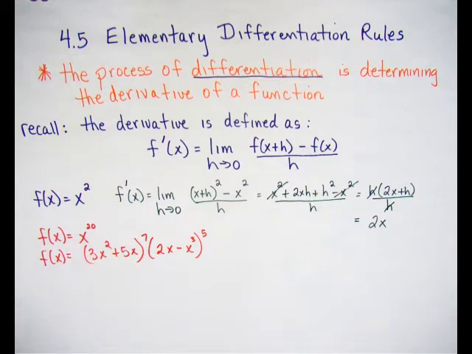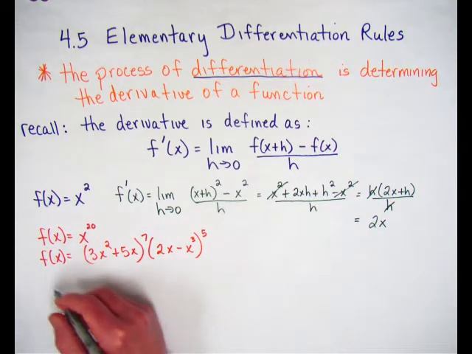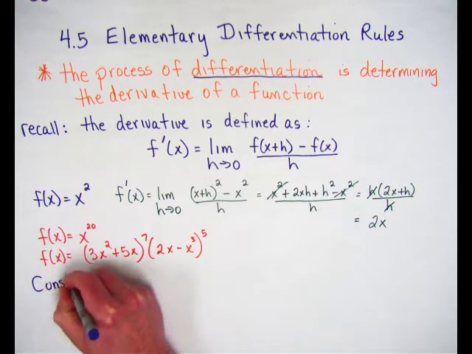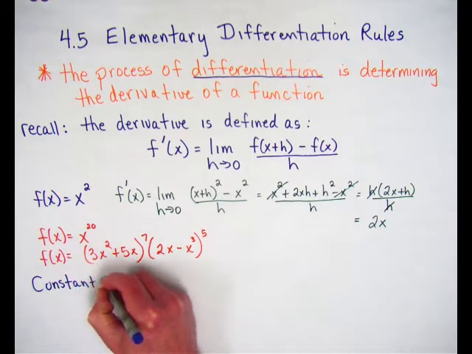And in this first section, 4.5, we're going to start with the most basic, what are called the elementary differentiation rules. All of these elementary rules are quite simple. The first rule of differentiation is called the constant rule.